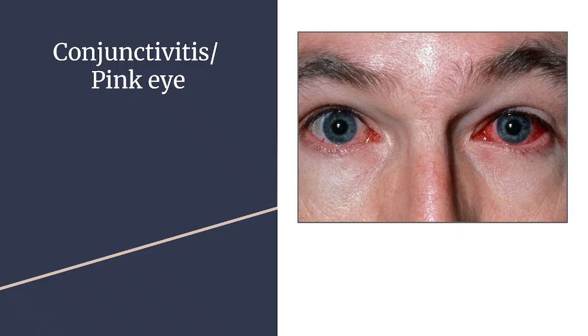Viral and bacterial forms of conjunctivitis are common in childhood, but they can occur in people of any age. Overall, however, there are many causes of pink eye. These can be classified as either infectious or non-infectious. Pink eye may be caused either by viral infection or by bacterial infection.